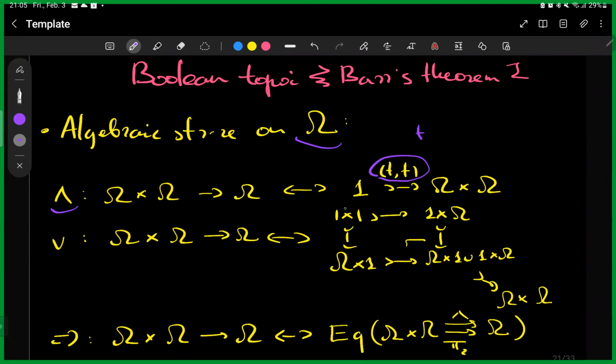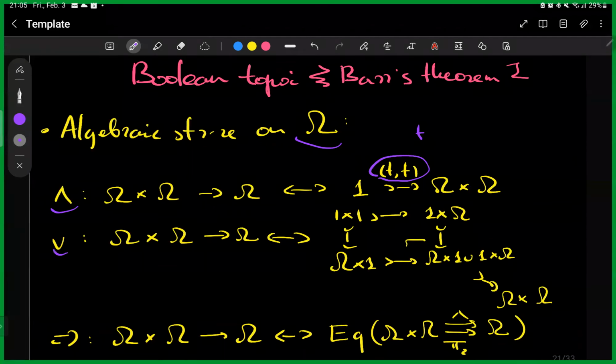Then, if we have a subobject like this, then we have a classifying map from omega squared to omega, and this is precisely this binary operation of intersection. Similarly, we can define a union, or this co-product on omega, which is given by taking the product of the terminal objects.